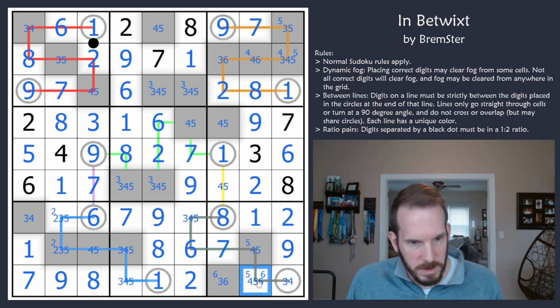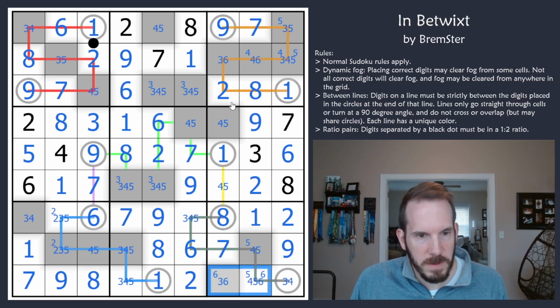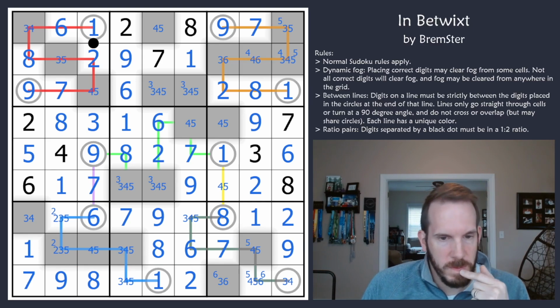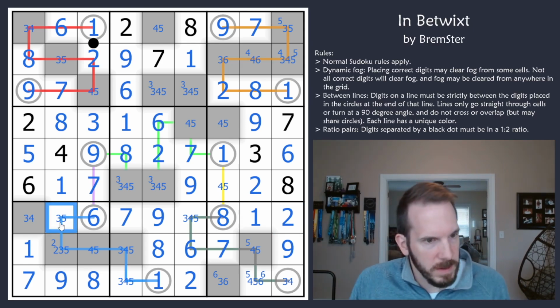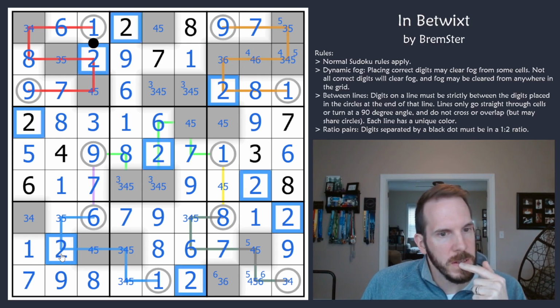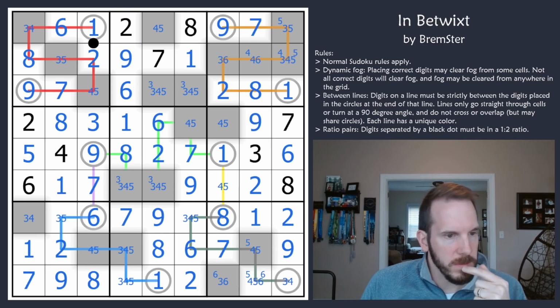Yeah, 6 goes here. Well, it's these cells and these cells, so we've got 2 left to place. This 2 rules 2 out of here. So this is our 2 for the box. Is that all the 2s? Yes. So it's just 3s, 4s, 5s, and the last couple of 6s.